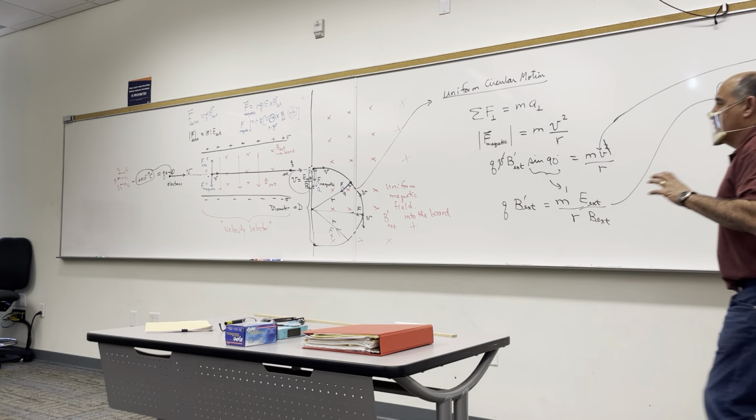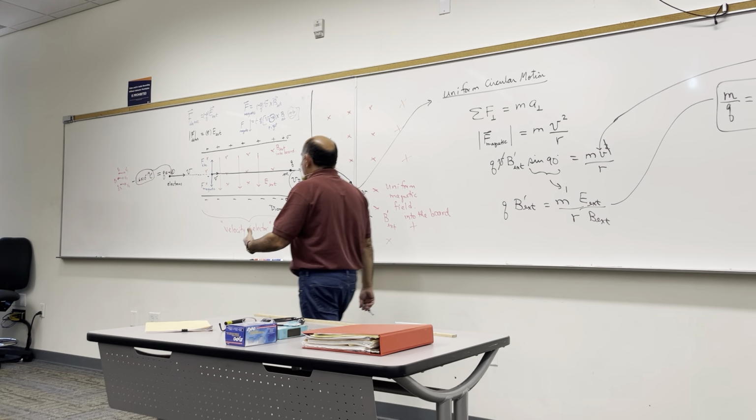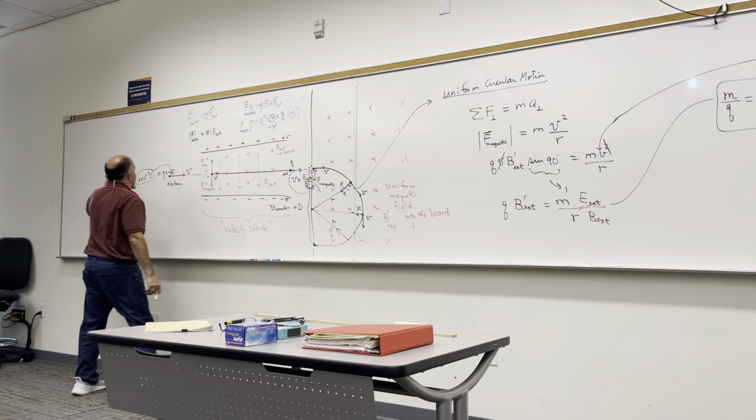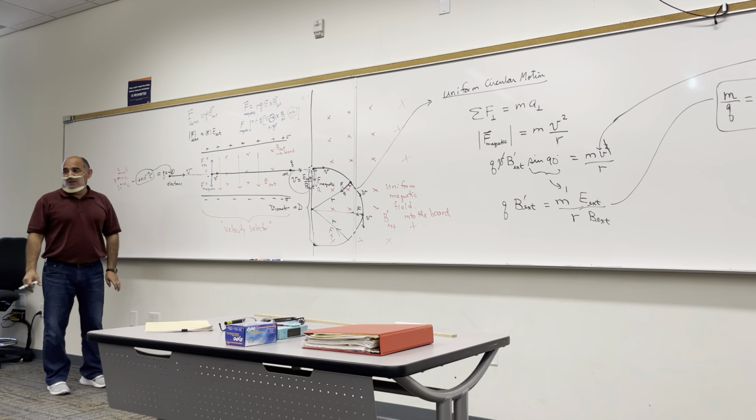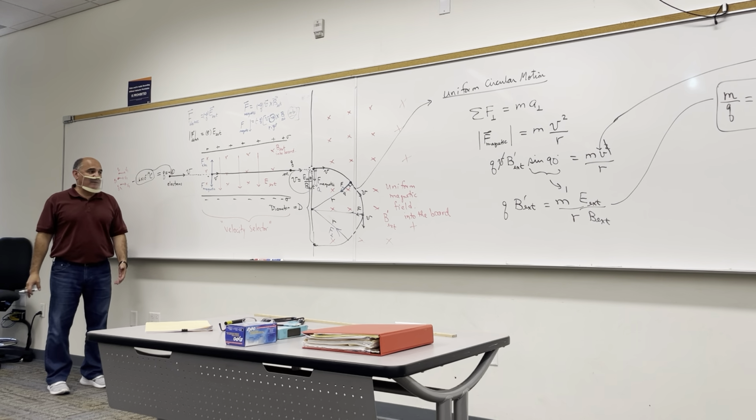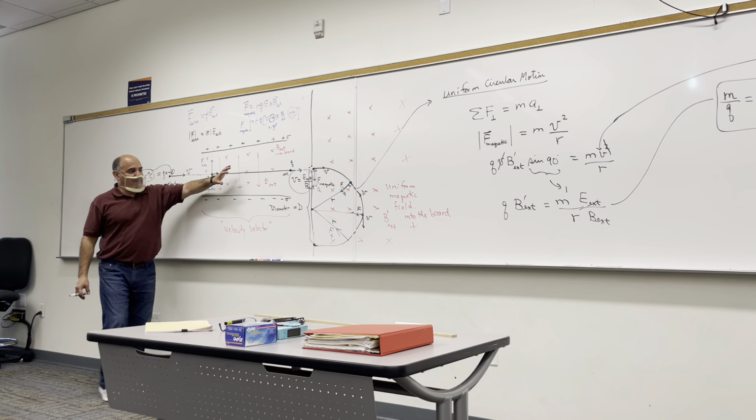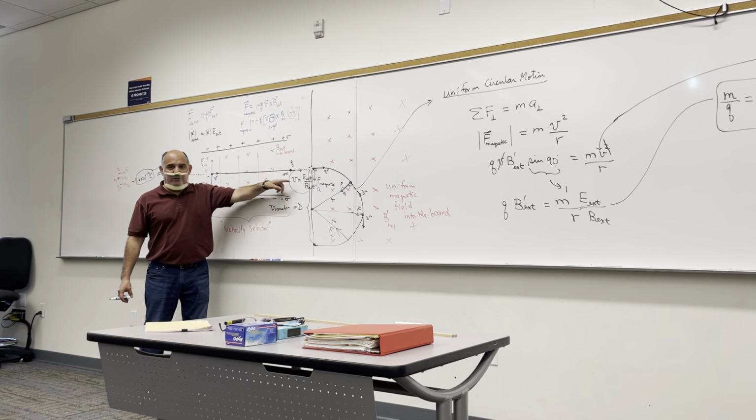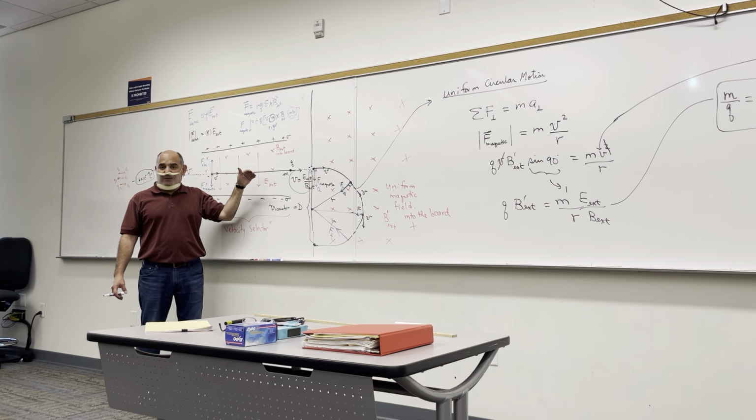So, if you have a stream of charged particles coming in at different speeds, and you don't know the mass, you don't know the charge of the particles, those particles that have this speed are going to move through this velocity selector undeflected.